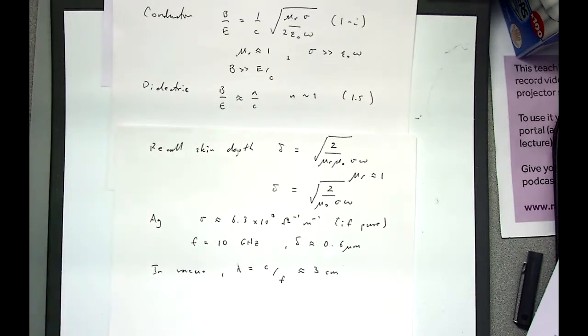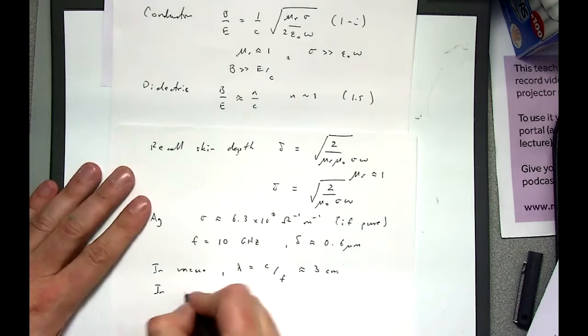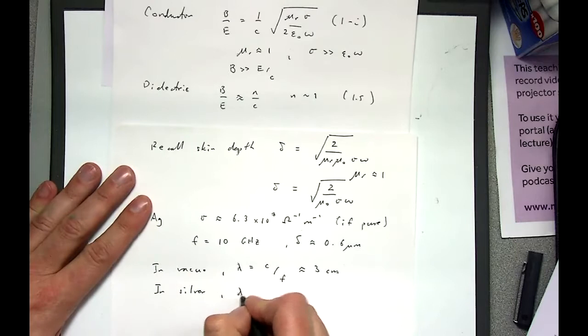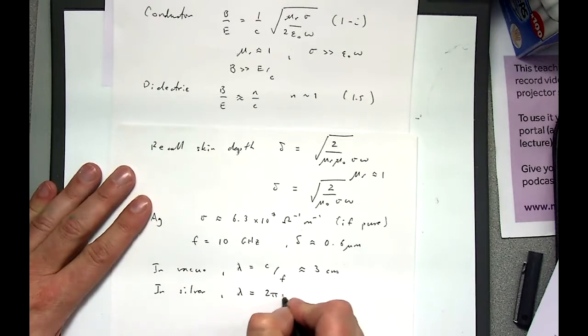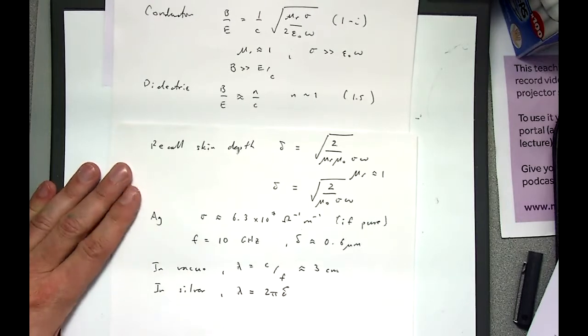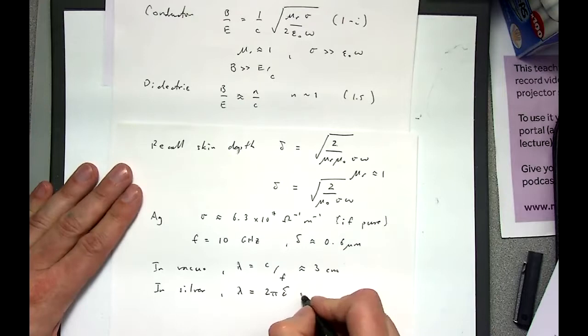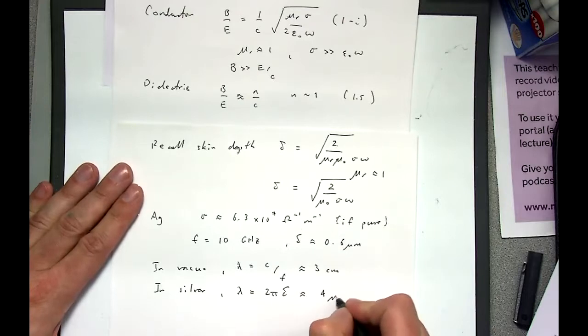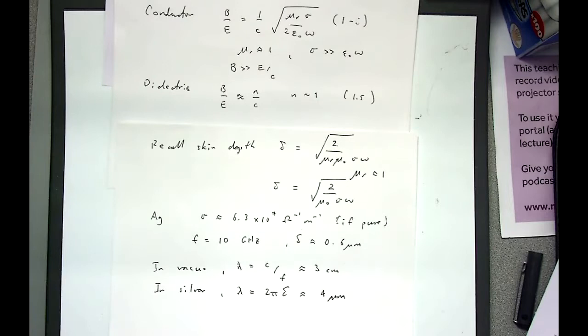We assume it's basically the vacuum wavelength. But in the metal itself, of course, it's not that, it's been modified. Okay? Remember we said that lambda is equal to 2 pi delta, isn't it? Right? In other words, it's about 4 microns.